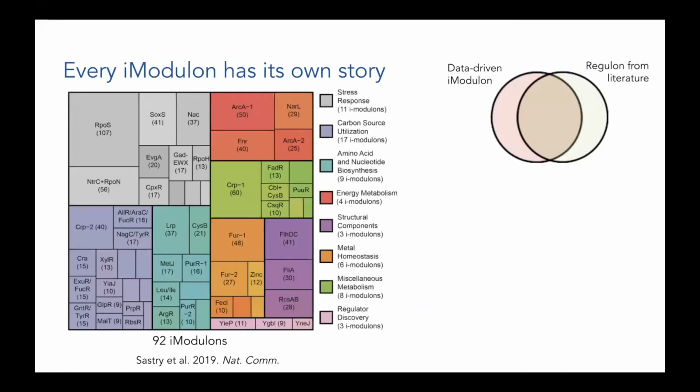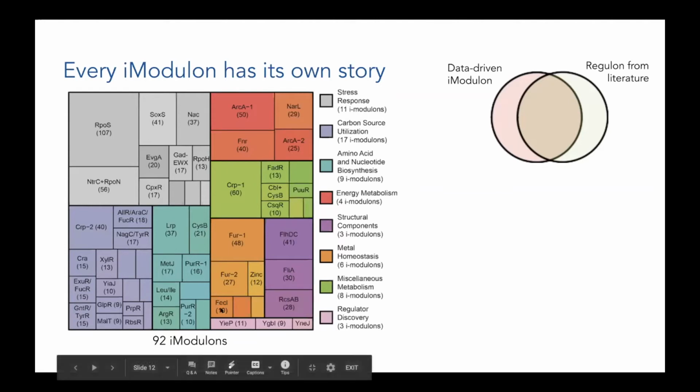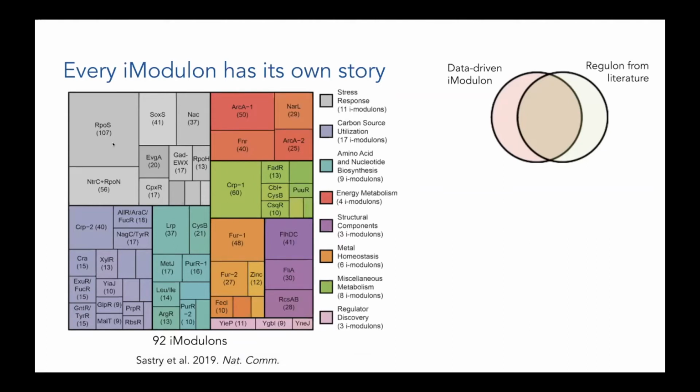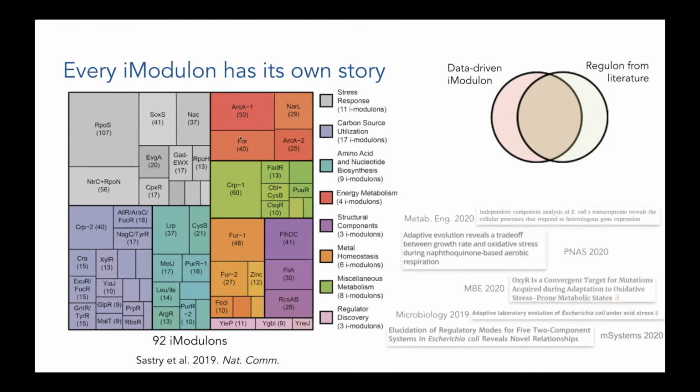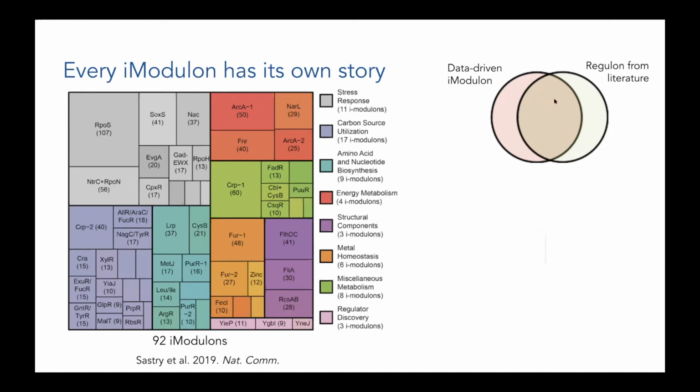Like I described with those 2 previous vignettes, every iModulon has its own story. This is a tree map of all the 92 iModulons that we got from E. coli. And the boxes are relative to the size of the iModulons. An important distinction we want to make is between data-driven iModulons and the regulons that we get from literature.